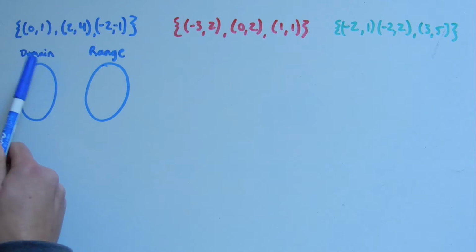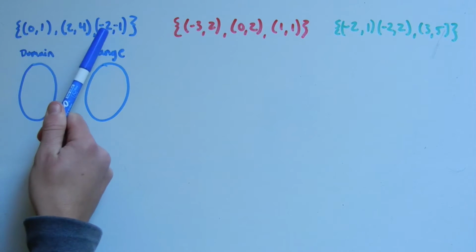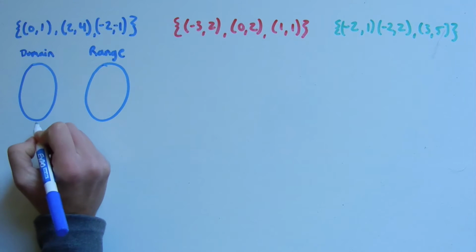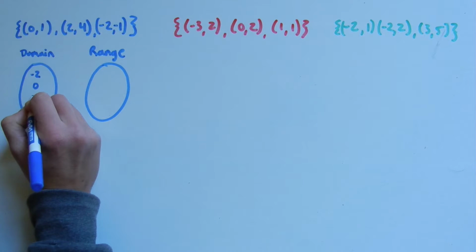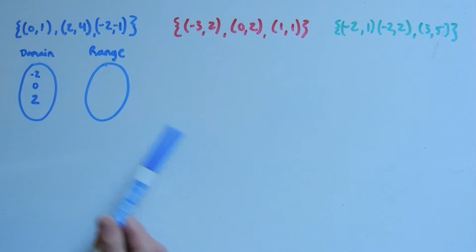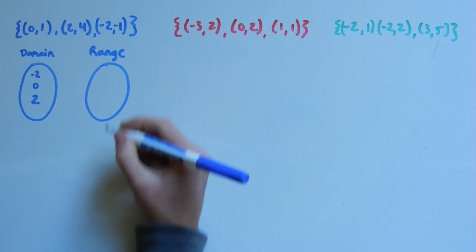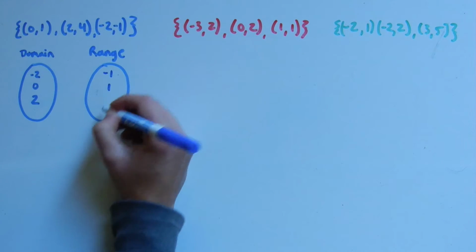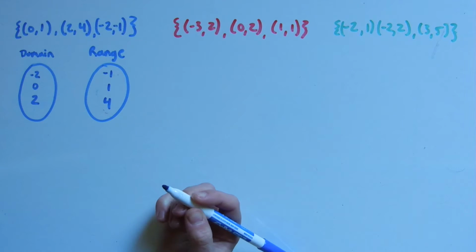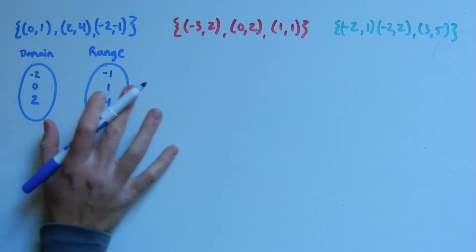So for the first one, what's our domain? The x values are 0, 2, and -2. So we have -2, 0, and +2. For our range, we have 1, 4, and -1. So I'm going to write down -1, 1, and 4. Now here comes the part where we're going to complete our mapping.